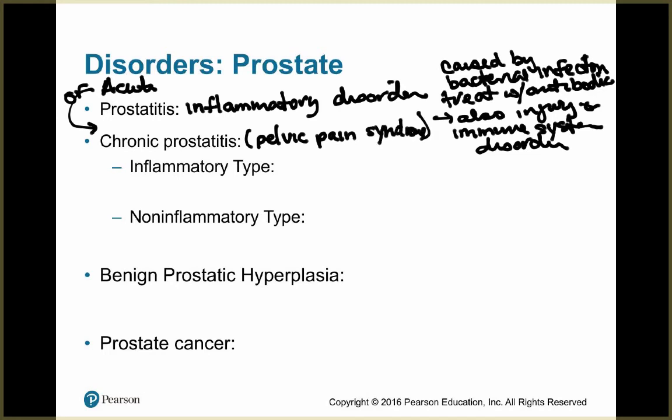Now, there are both inflammatory and non-inflammatory types. So this one has UTI-like symptoms. And you might ask yourself, what is that? And basically, if you've ever had one, you get pain in external genitalia and lower back.